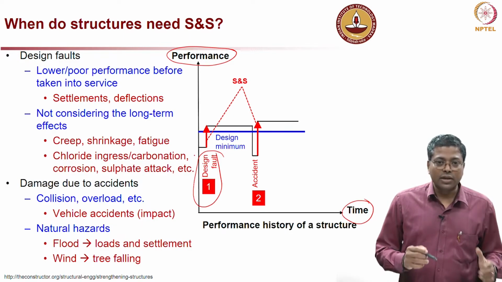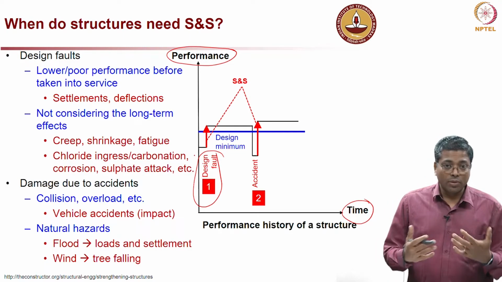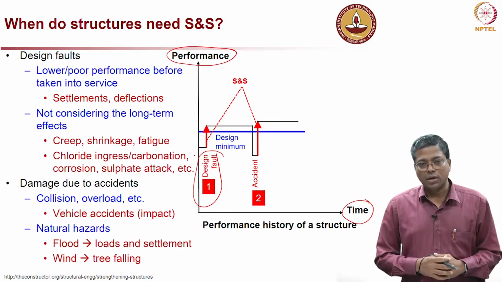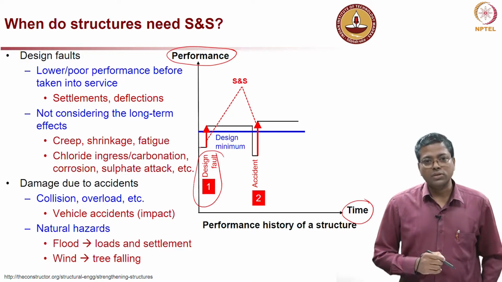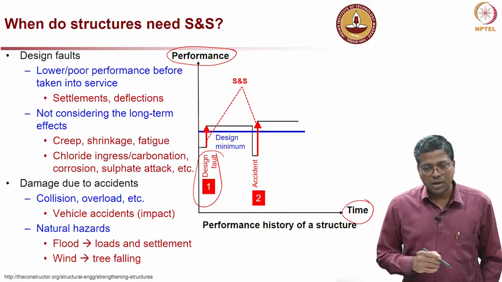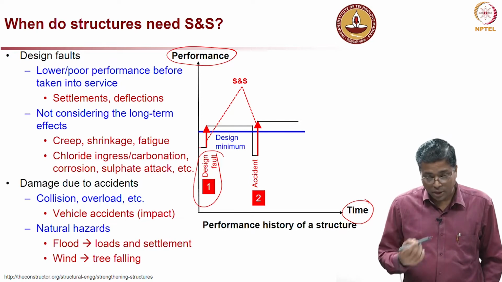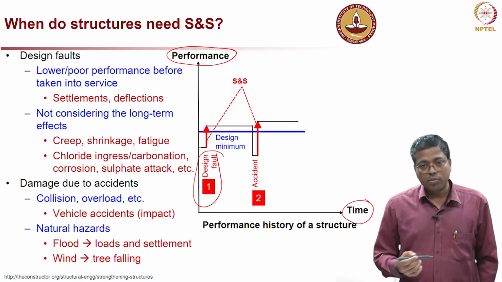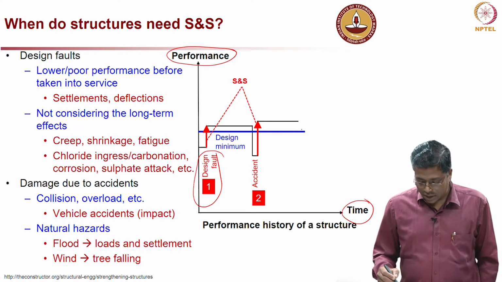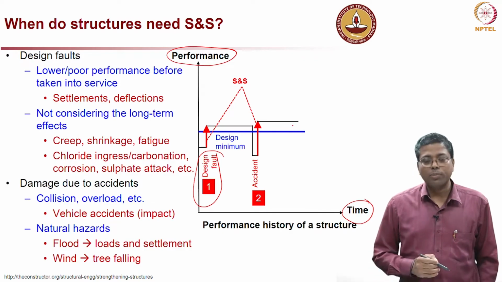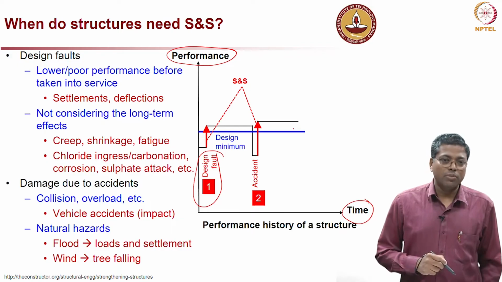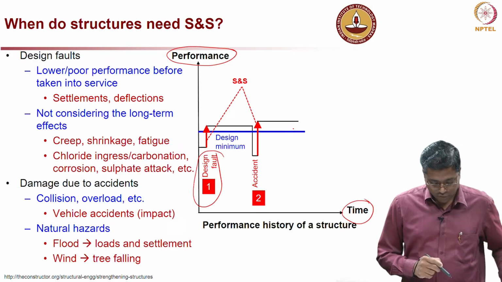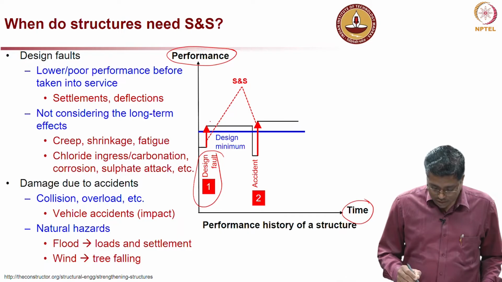If we find that there is a faulty design even before the structure is put in service, then we have to do something so that the performance level can be enhanced or strengthened and brought to a point above the blue line, above the minimum expected performance level. That is indicated by this first arrow here.